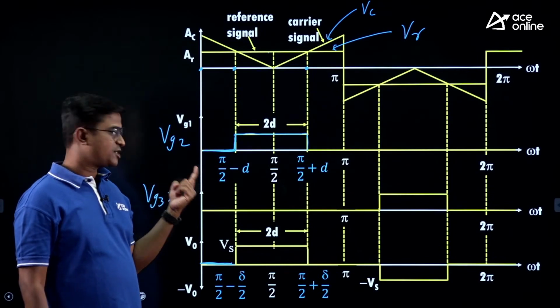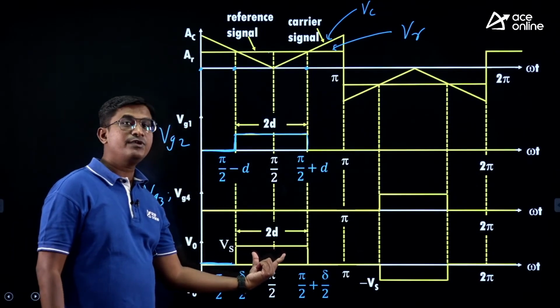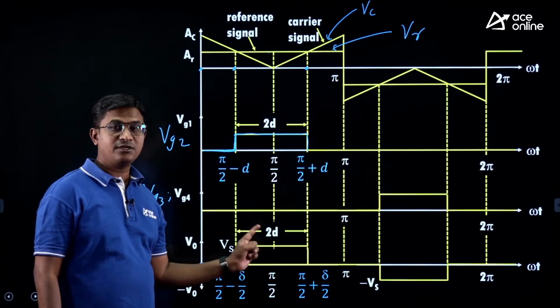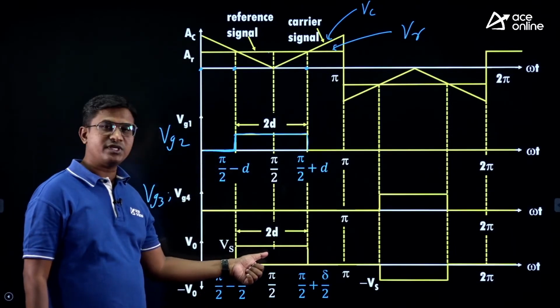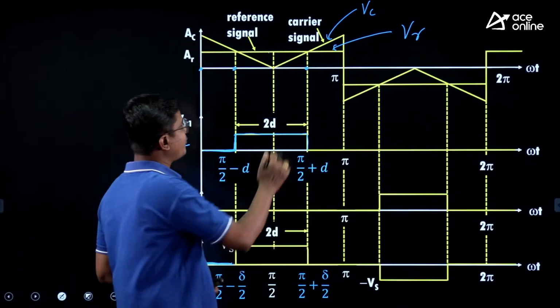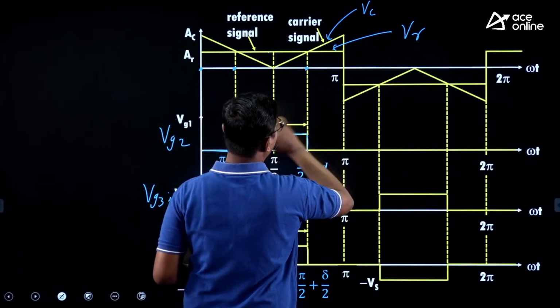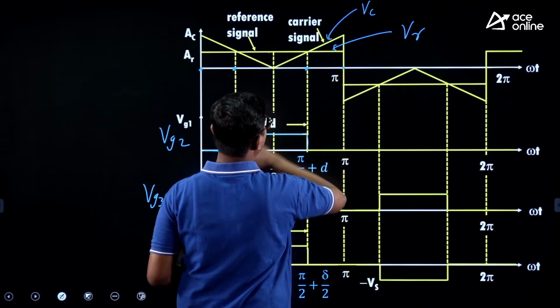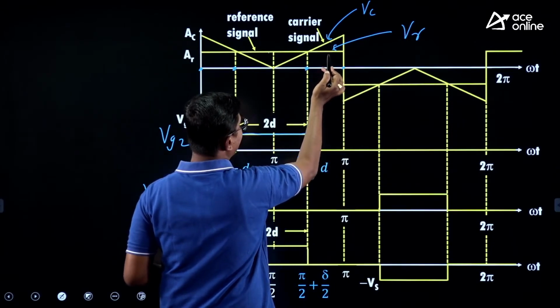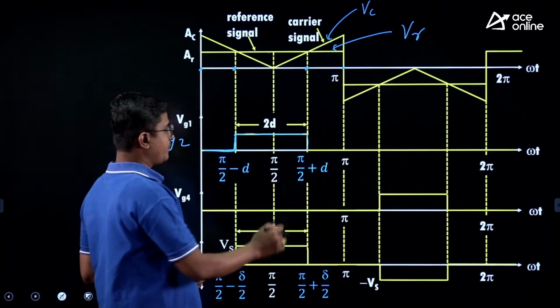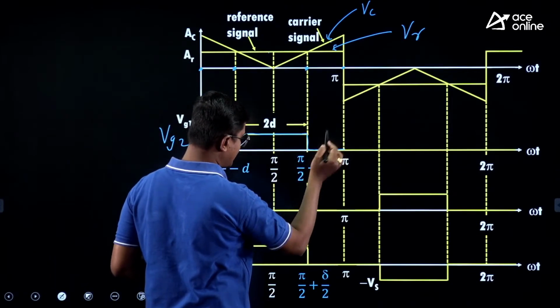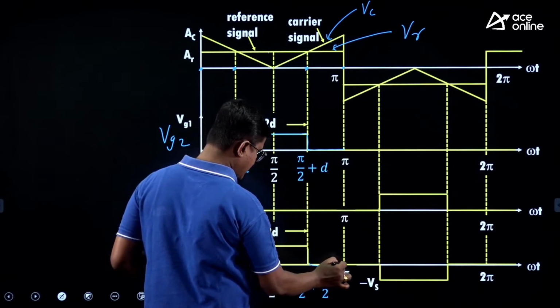So S1, S2 on means my output voltage will be Vs. If you are having the single phase full bridge inverter, then output voltage will be Vs. Next, again from this point till this instant you can check VC is greater than VR, means the output of comparator will be 0. So no triggering pulse is generated, and my output voltage is again 0.